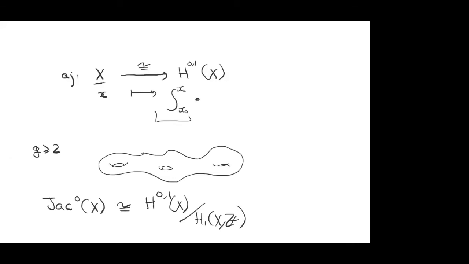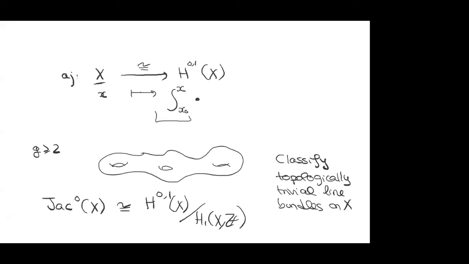Okay, so here we're classifying topologically trivial line bundles on X, right?